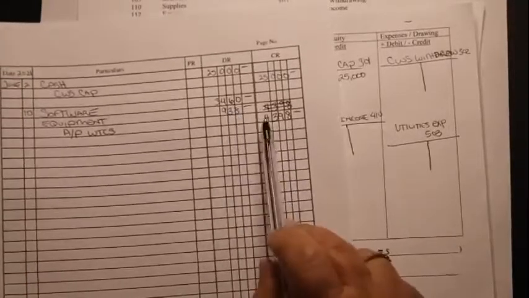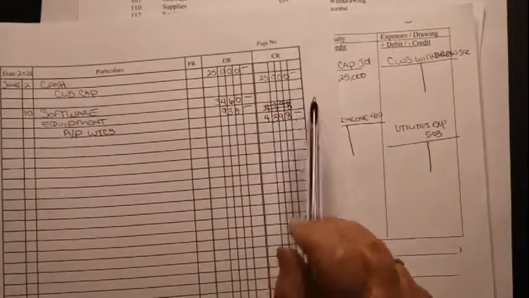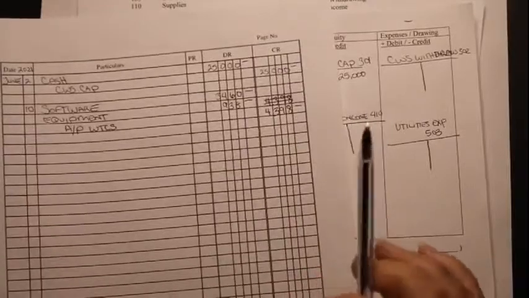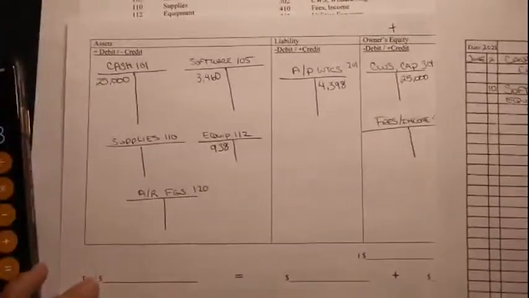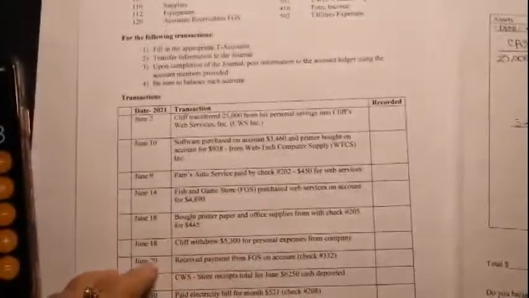Add these together, it equals 4,398. So that's a 3 entry. It's called a multiple entry. Okay. So let's put the journal aside and put the T account aside for a minute and go on to the next one.